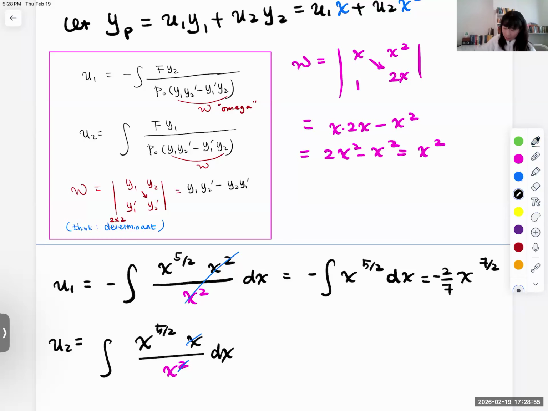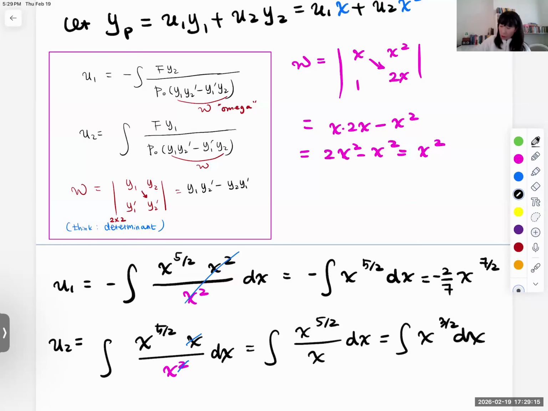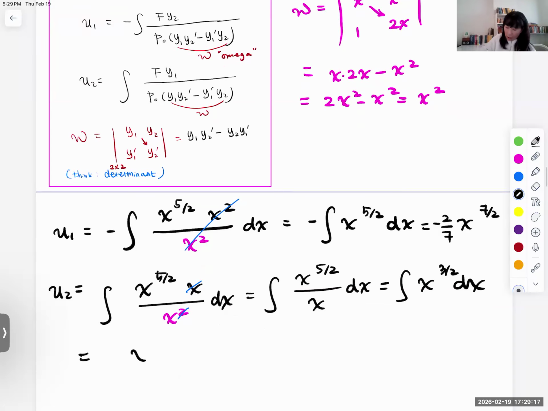So we get x to the 5 over 2, and then x, then 5 over 2 minus 2 over 2, which is 3 over 2, right? So we have x to the 3 over 2. Then what do you get? X, add 1, so 5 over 2, 2/5. Yeah. All right.